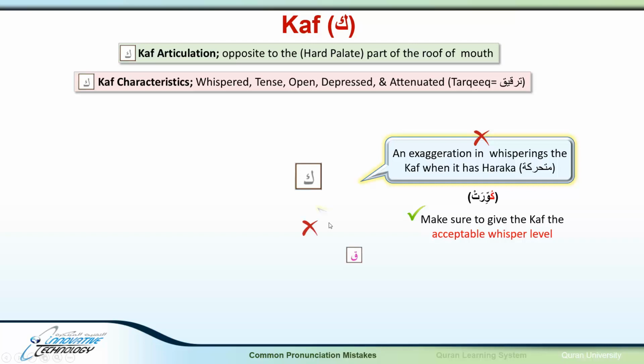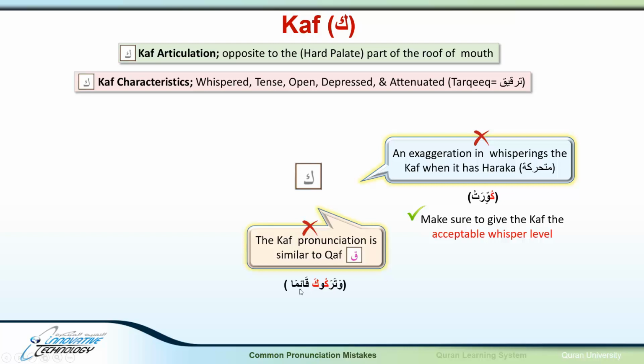The next mistake is pronouncing the kaf as if it is a qaf. وَتَرَكُوكَ قَائِمًا. Instead of kuka, people say quka, wataraquqa. And this is wrong. They are two different letters and they shouldn't be exchanged with each other. The right way of pronouncing this is وتركوك قائما watarakuka qa'ima.